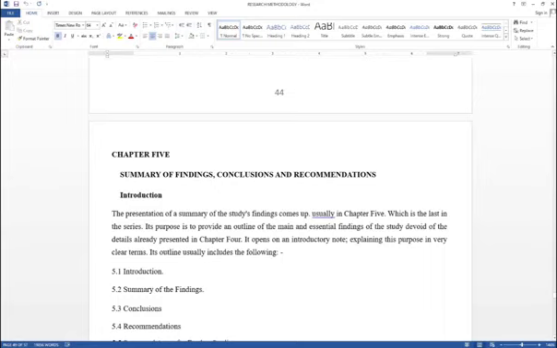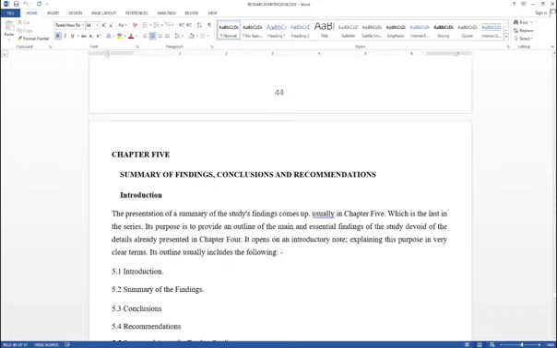Introduction. The presentation of a summary of the study findings usually comes up in Chapter 5. That's towards the end, which is the last in the series. Its purpose is to provide an outline of the main and essential findings of the study, devoid of the details already presented in Chapter 4.